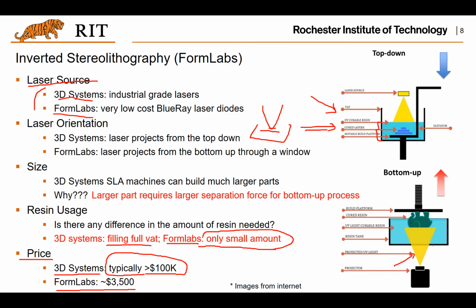If the transparency of the material is not good enough, the laser cannot penetrate the material to cure it effectively. But for the other one, it has less restriction because every time you are curing the resin on the surface.